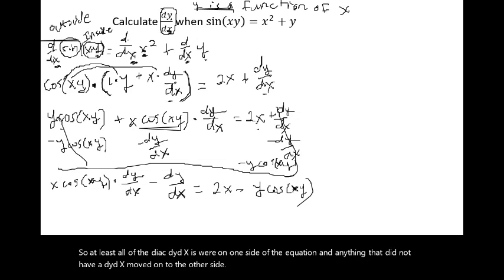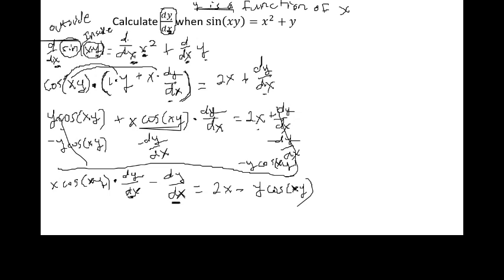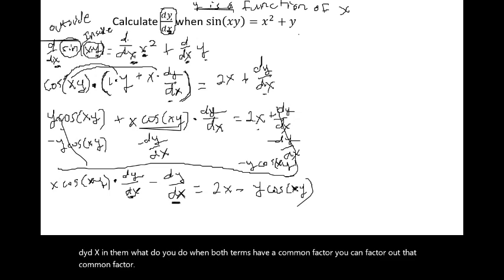Now on the left, there are only two terms technically, and both of these terms have a dy/dx in them. What do you do when both terms have a common factor? You can factor out that common factor. So I'm going to factor a dy/dx out of each term on the left side.